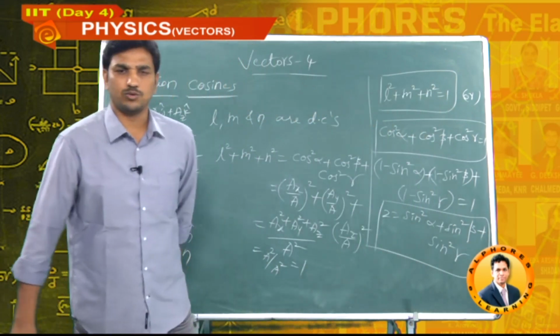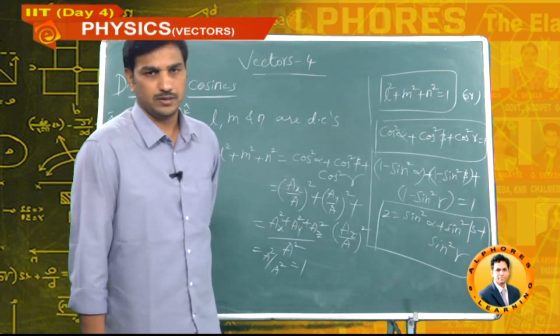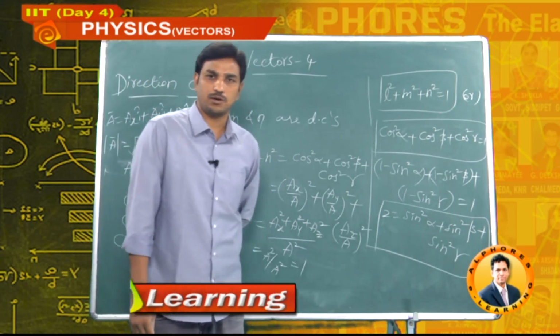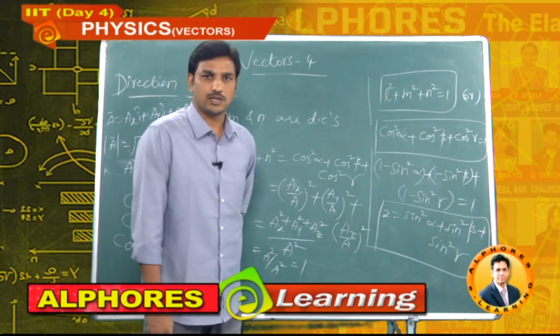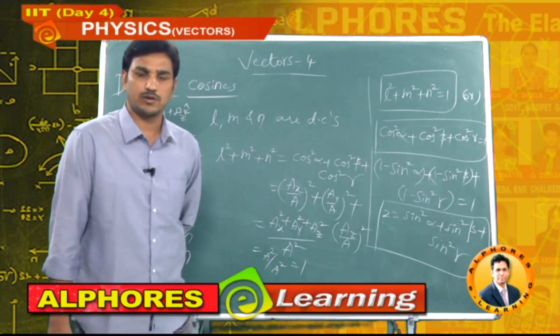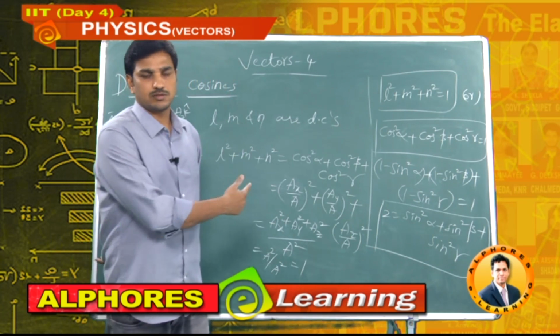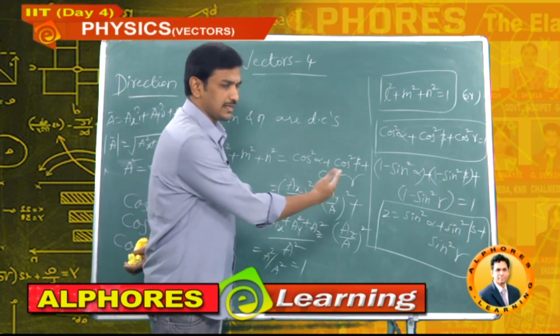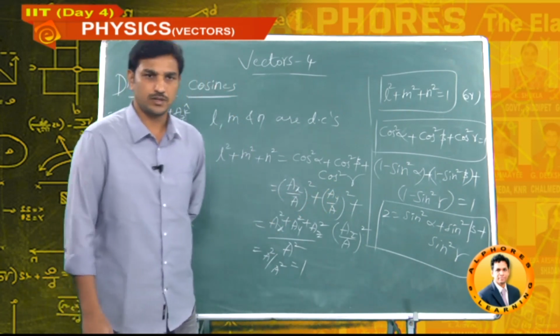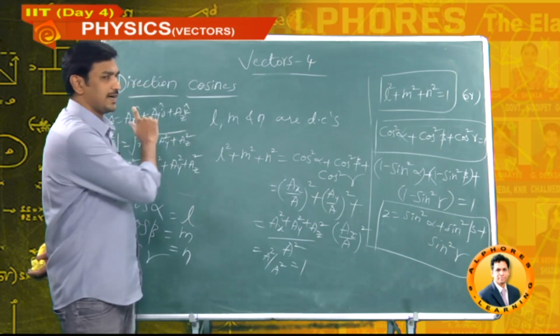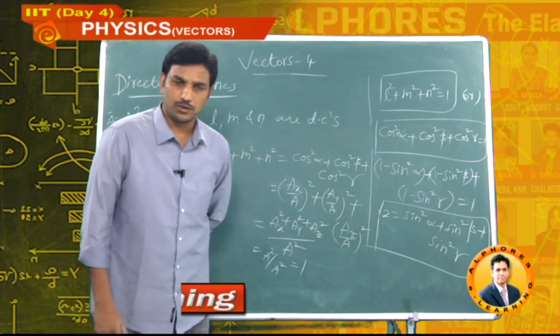So here, the two results we will use in numericals. In physics, when you are solving some problems, we are going to use cos square alpha plus cos square beta plus cos square gamma is equal to 1. Some other times we will use sin square alpha plus sin square beta plus sin square gamma is equal to 2. Now the final conclusion depending on these direction cosines. What are direction cosines?